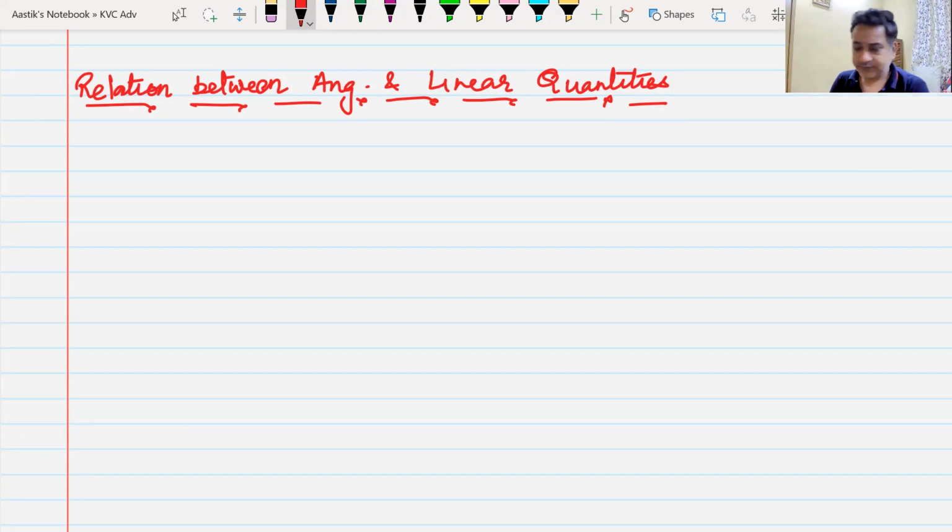What is the relation? Anyone? What is the relation between these linear and angular quantities? Yes, any idea?